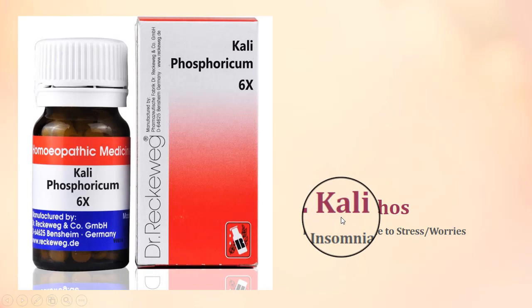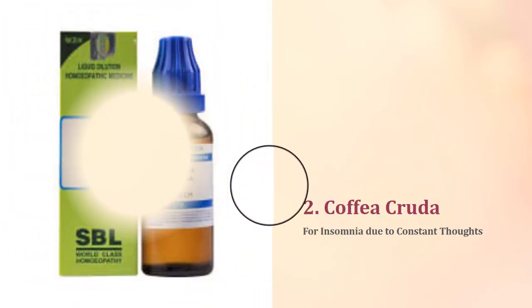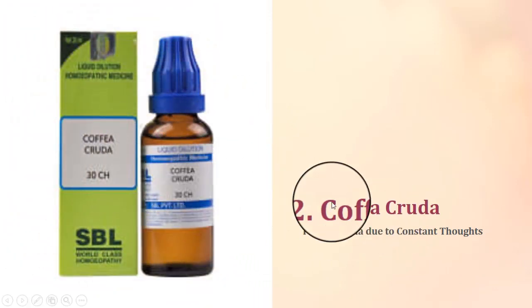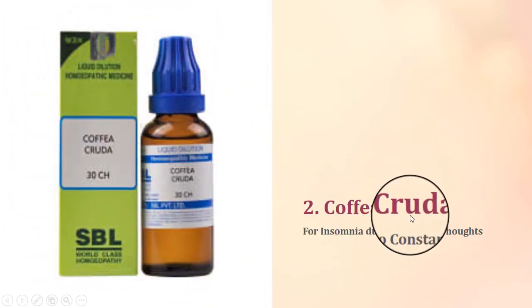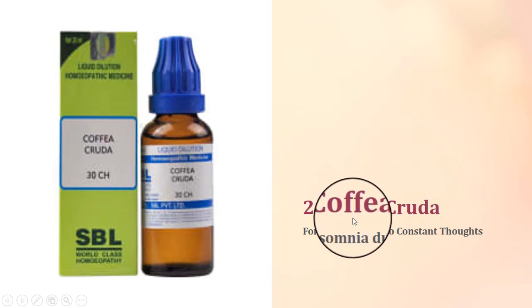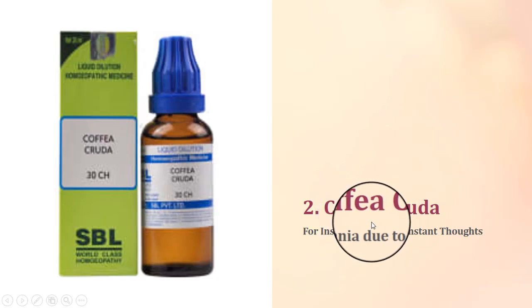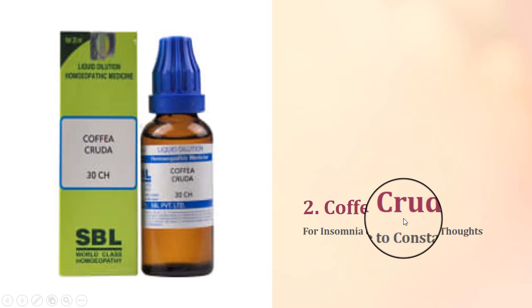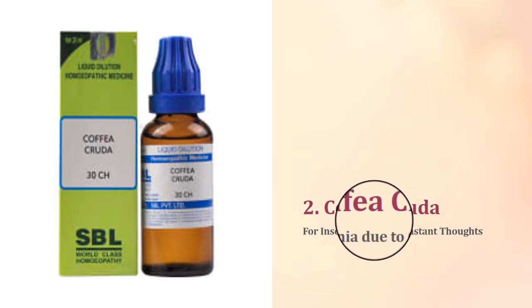Now the next medicine, as you can see here on the screen, we have again provided a picture, that is Coffea cruda. It is indicated for those insomniac persons who constantly suffer from thoughts coming again and again in their mind while sleeping.